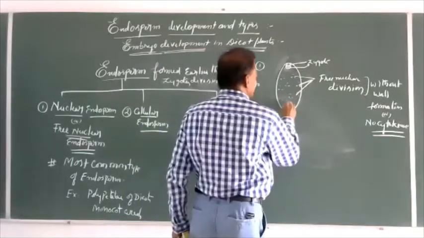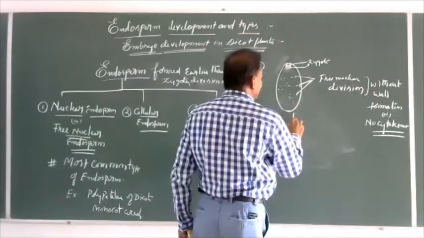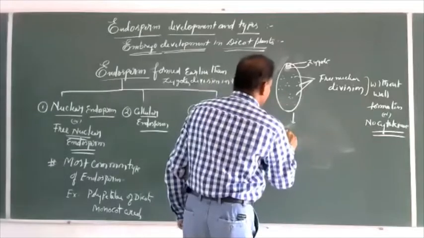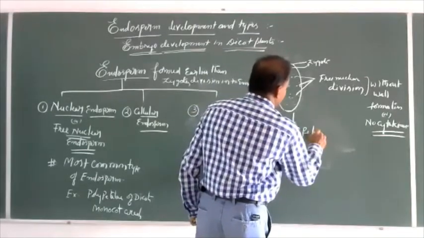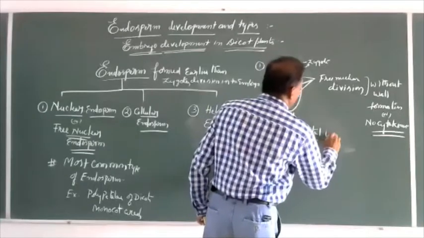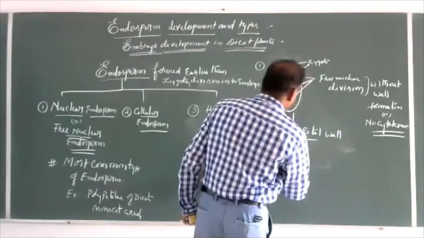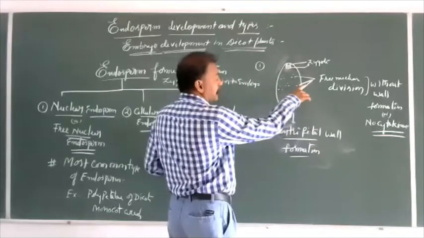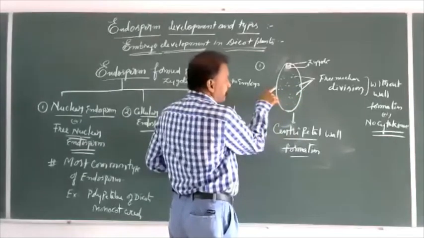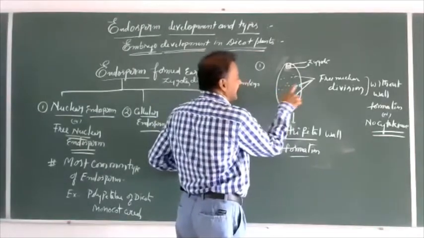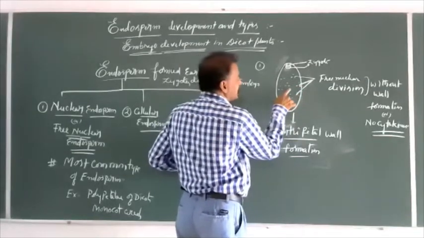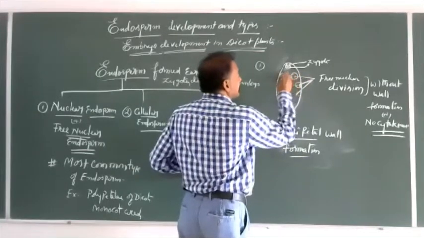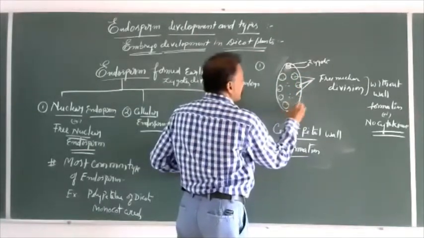But after some time, by centripetal wall formation, from periphery to the center, outside to inside, wall formation starts here, here, here. So it is going to be surrounded by walls.